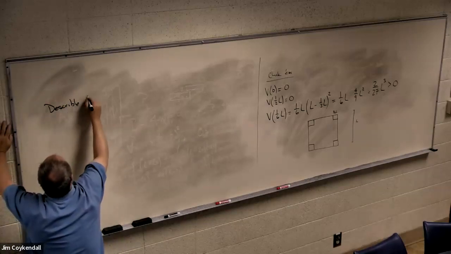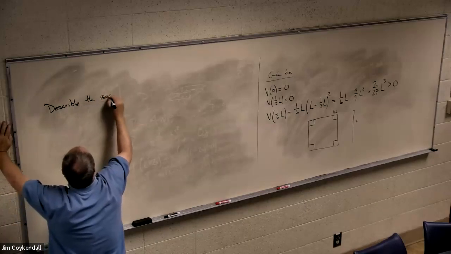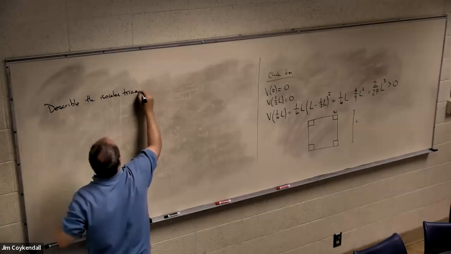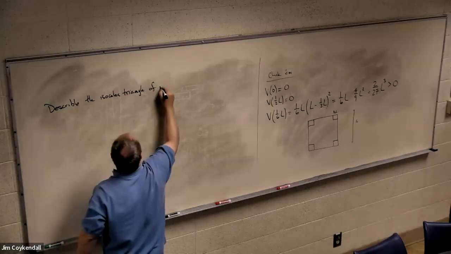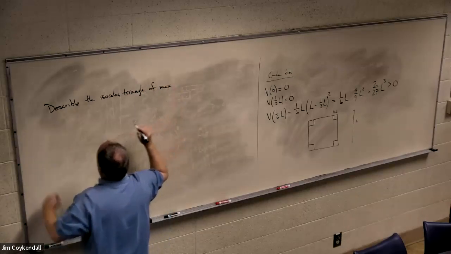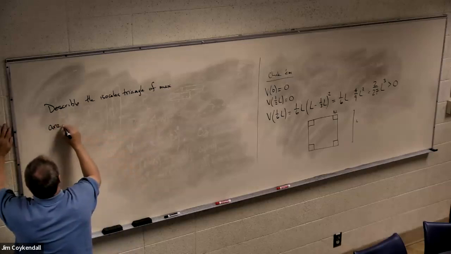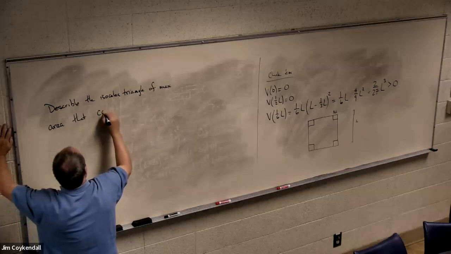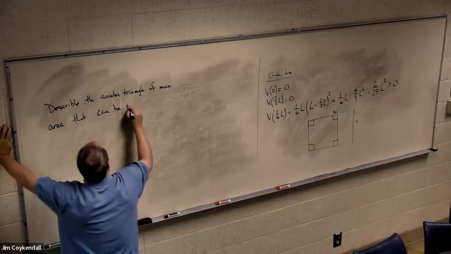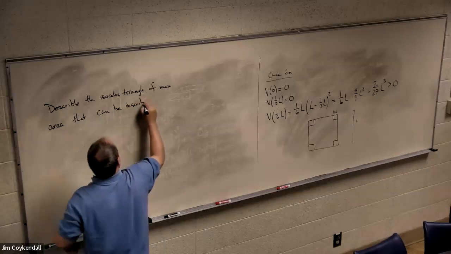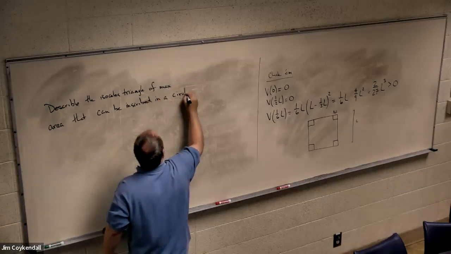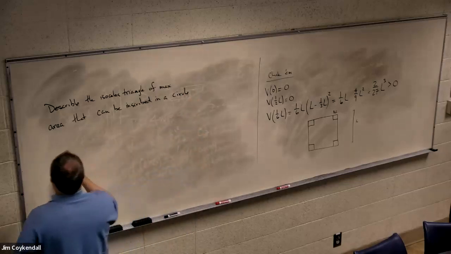Describe the isosceles triangle of maximum area that can be inscribed in a circle of radius R.